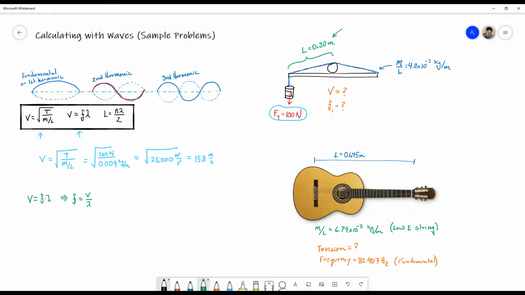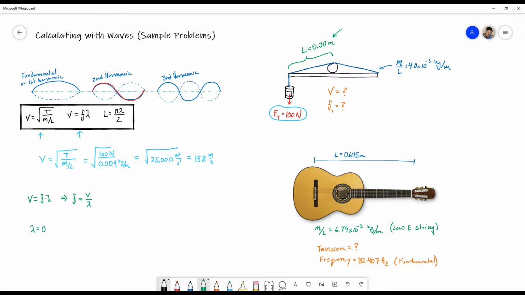I could see that by using this third equation right over here, where I could solve for the wavelength if I want to. But really, I can just know that if I've got this length of string of 0.30, the wavelength is going to be twice that for this fundamental.